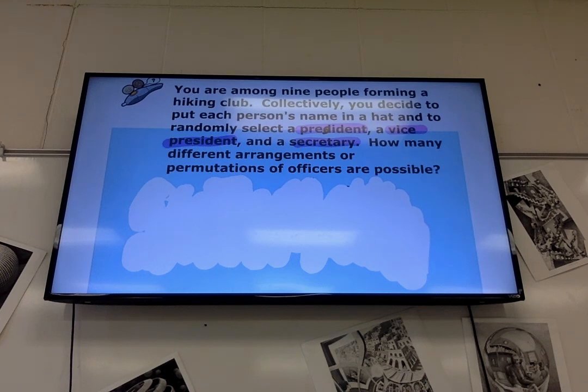Okay, so you don't have to write all this down. You can just write down permutation of whatever the numbers are.